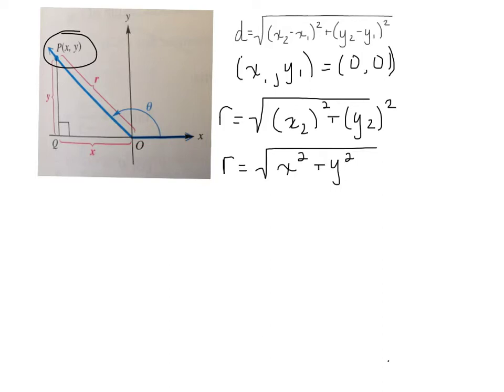This r value is always going to be positive, because it is an undirected distance, so there is no positive or negative, it's simply a positive value. Once we define r, we can then use that with the trig ratios in order to define each function.